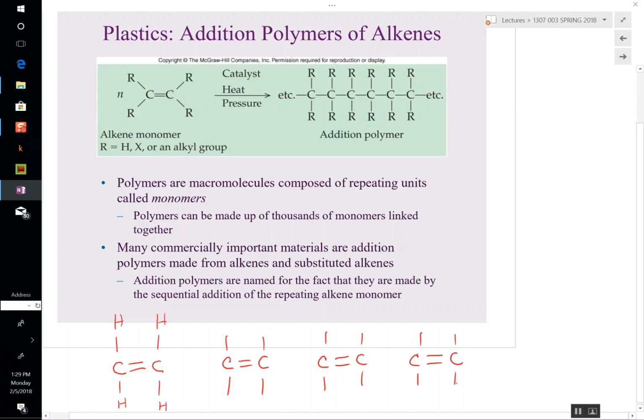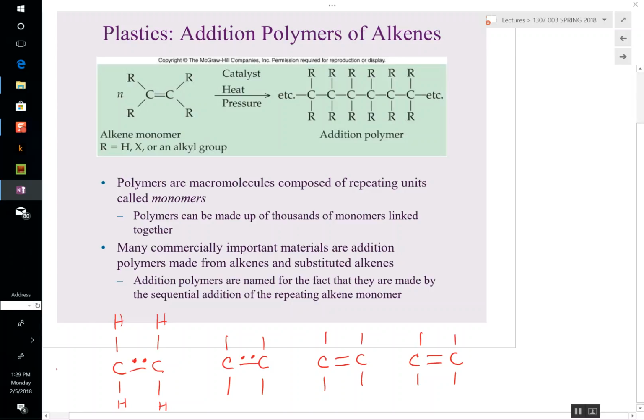And what happens? This is a hot reaction. Exothermic reaction produces a lot of heat. You have to control this reaction, or it'll melt down your kettle.